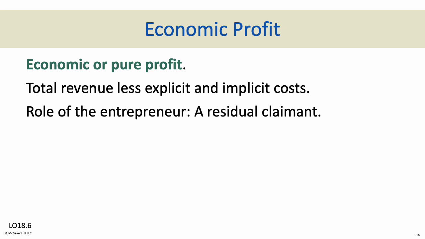Implicit costs are the monetary income the firm sacrifices when it uses resources it owns rather than supplying them to the market, and includes a normal profit. Basically, opportunity costs. Economic profits are sometimes referred to as pure profits because they're taking into account all of our bills or our explicit costs and all of our opportunity costs or our implicit or subjective ones.